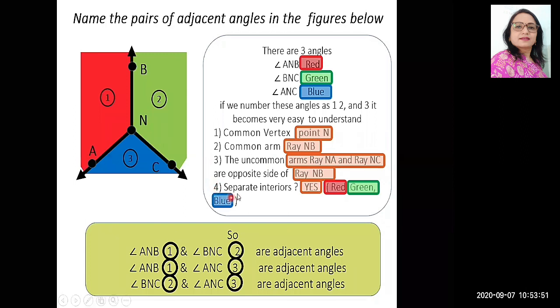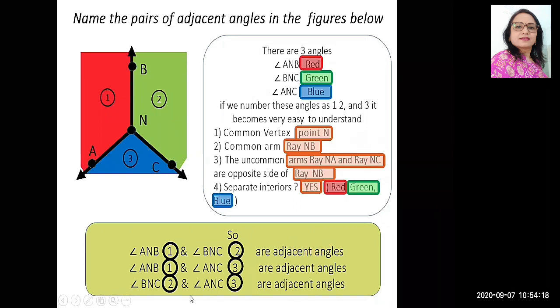Fourth condition, separate interiors. Do they have separate interiors? Yes, red and green. Okay. So the four conditions are fulfilled, and angle A and B and angle B and C are adjacent angles.